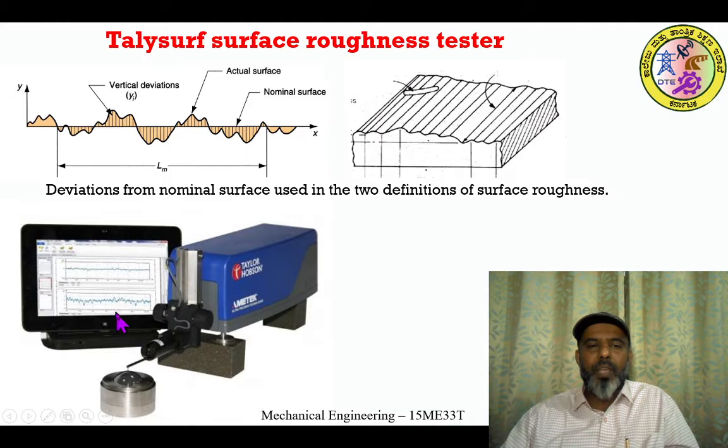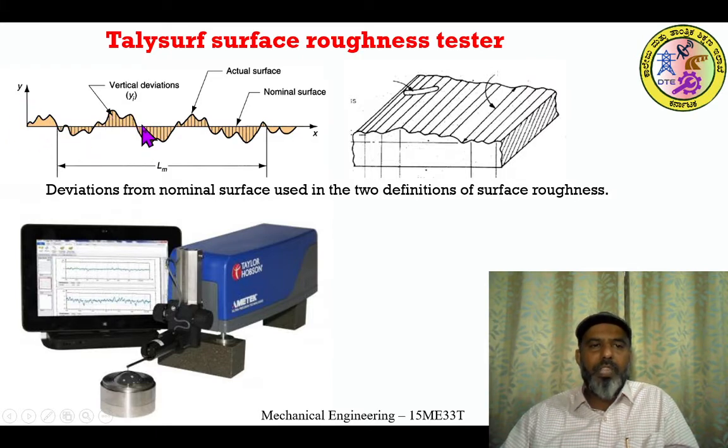And here we are going to see one type of TaliSurf surface roughness tester. This is the workpiece, and this is a stylus which is going to move on the surface, and here we have a display, and this display is going to show the results in the form of graphics. Those graphs are plotted here.